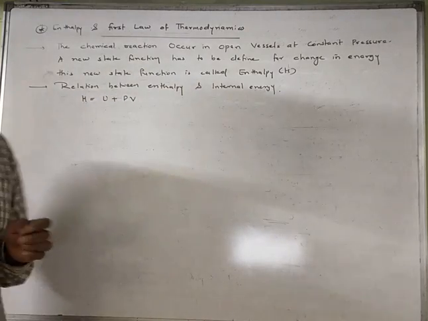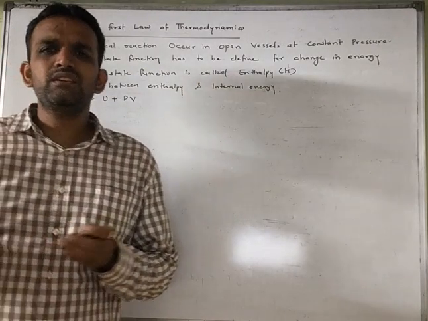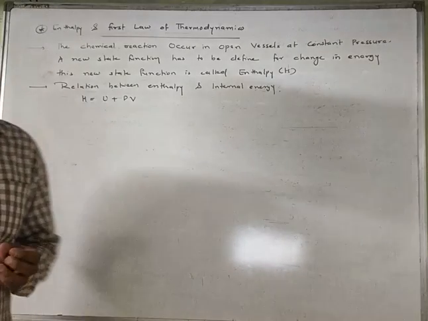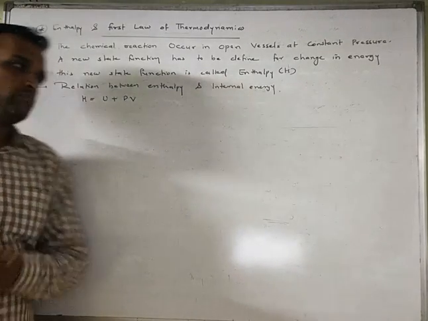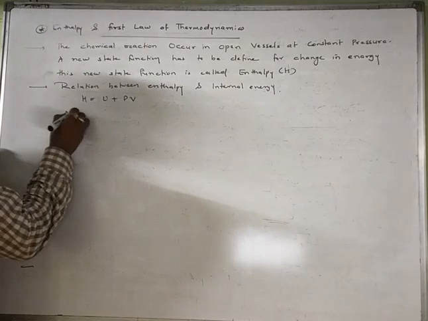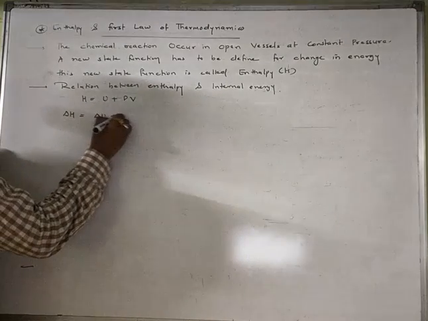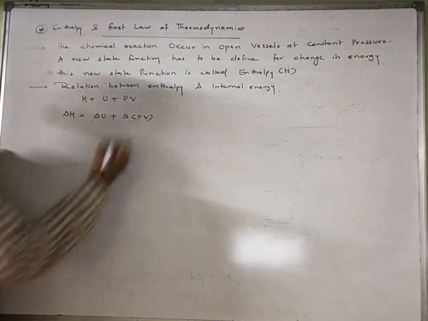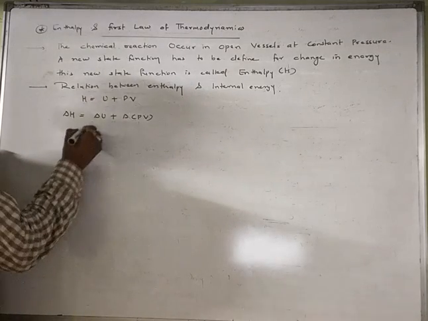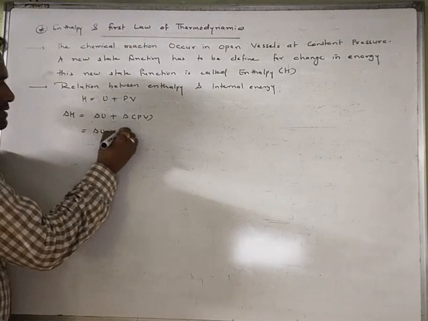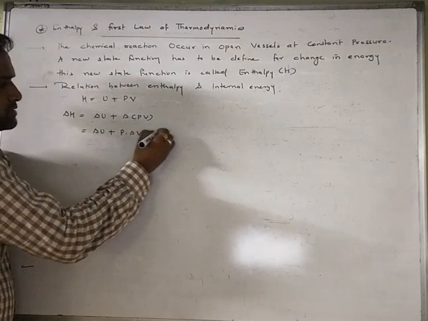Now here, if there is a change in the states of system, the change in the enthalpy can be shown by delta H equals delta U plus delta PV. Understand? So I can write down here this way, delta U plus P into delta V plus V into delta P.